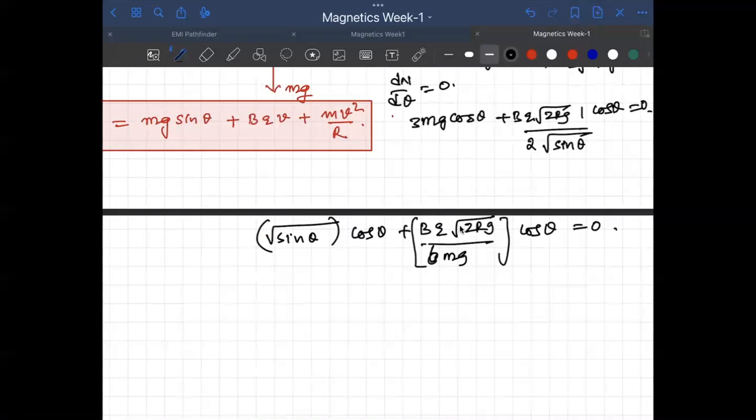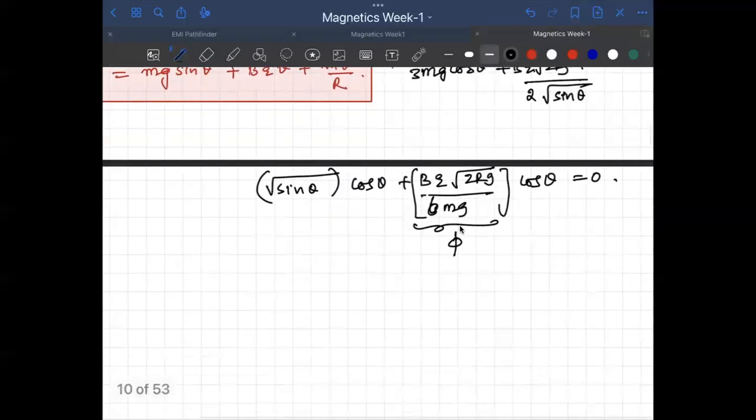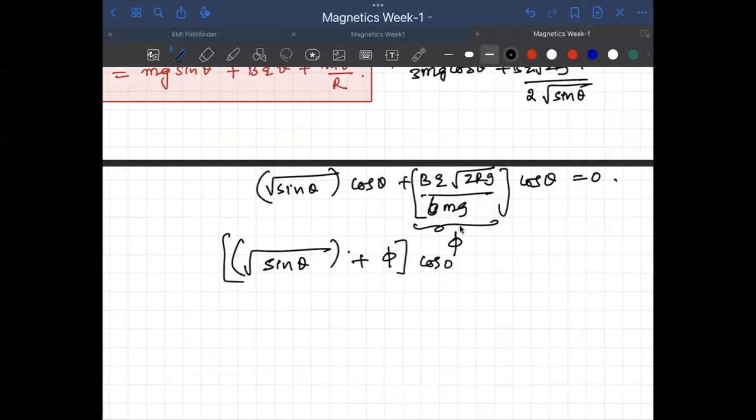Allowed? Or your entire thing you represent with some phi, because you cannot repeat n number of times. So root sin theta plus phi times cos theta is 0. Cos theta cannot be 0, right?